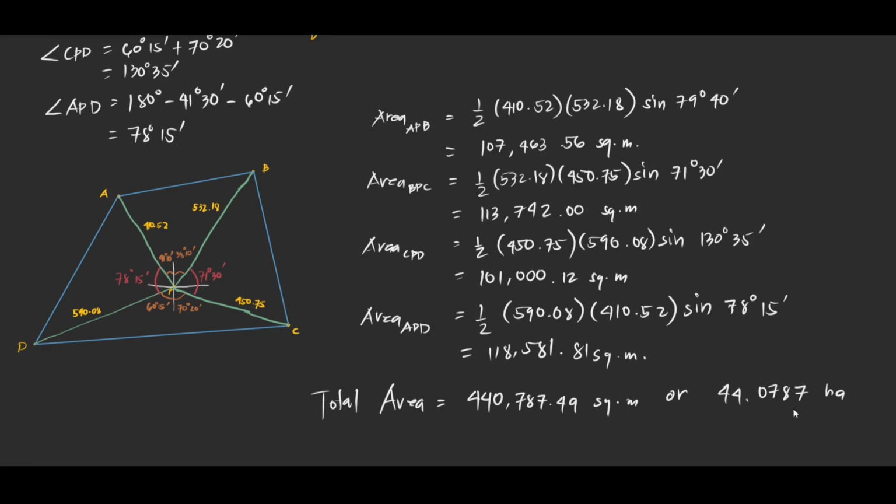Now why is this? Because 1 hectare is equal to 10,000 square meters. So you just divide this by 10,000, you get the value of the area in hectares. Okay, so this is our answer.